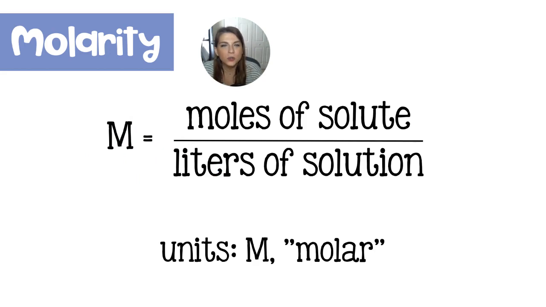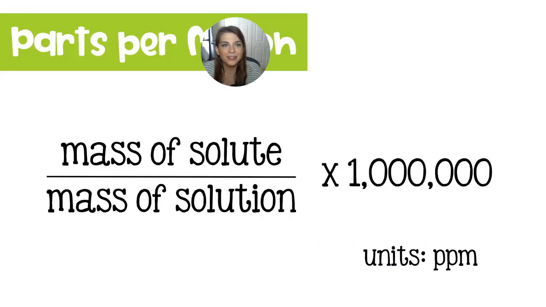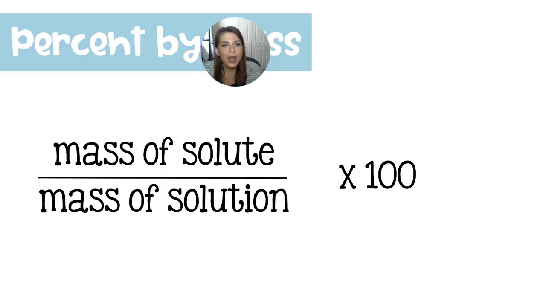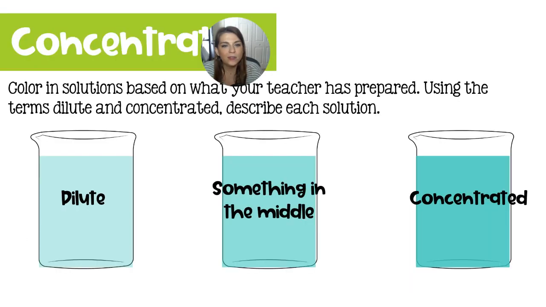Again, all of these formulas are used to calculate the amount of stuff in your other stuff. So we will calculate how much solute is in the solvent or in the solution as a way to get away from these terms, which aren't really all that descriptive. Scientists are looking for things that are exact, and when we have those exact numbers, we're going to have real numbers and real measurements to help describe our solutions.